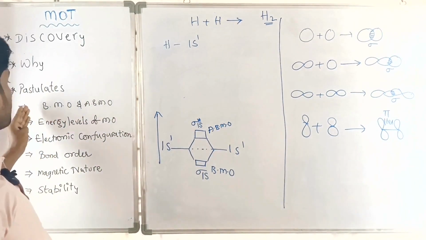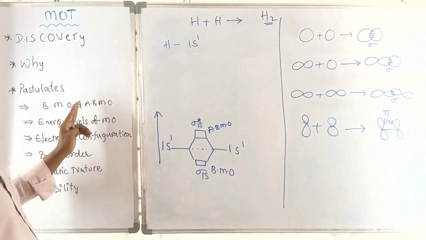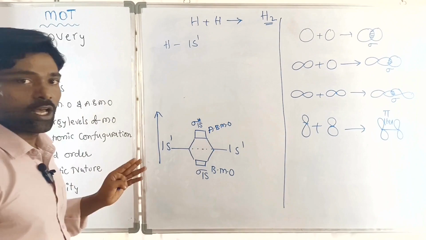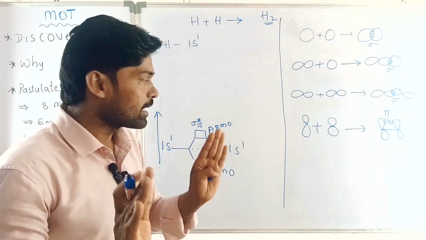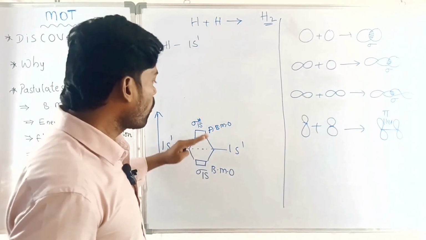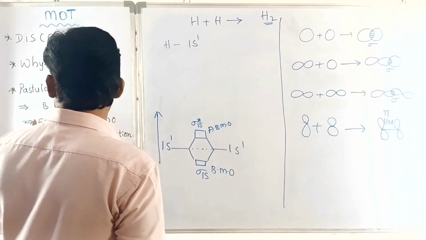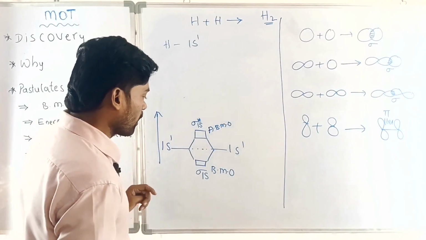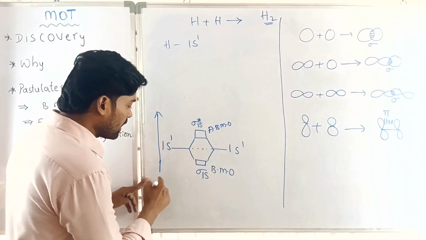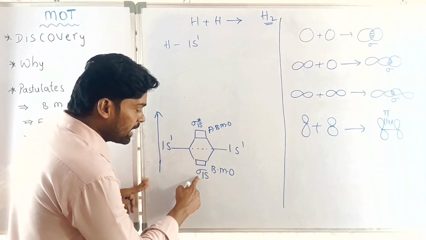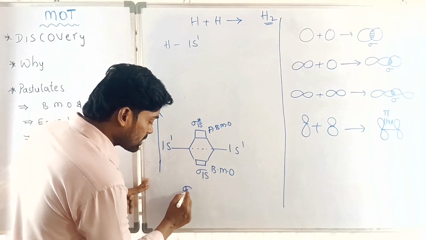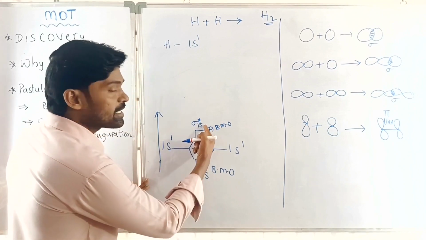So coming to postulates: what are the bonding molecular orbitals, and what are the anti-bonding molecular orbitals? Now you understand clearly. Then coming to the energy level of molecular orbitals: the lower energy is sigma 1s, and the higher energy is sigma star 1s.